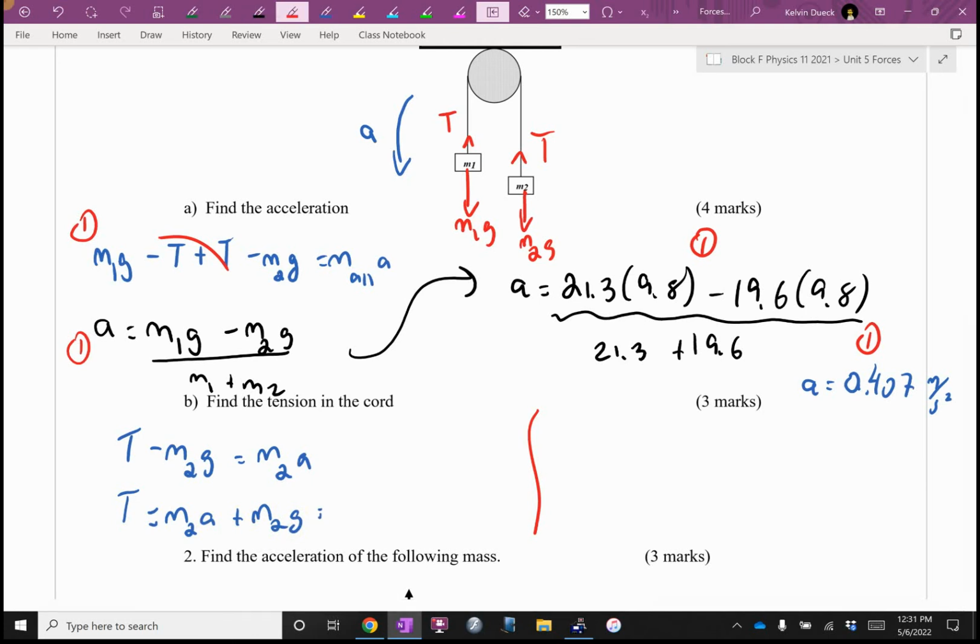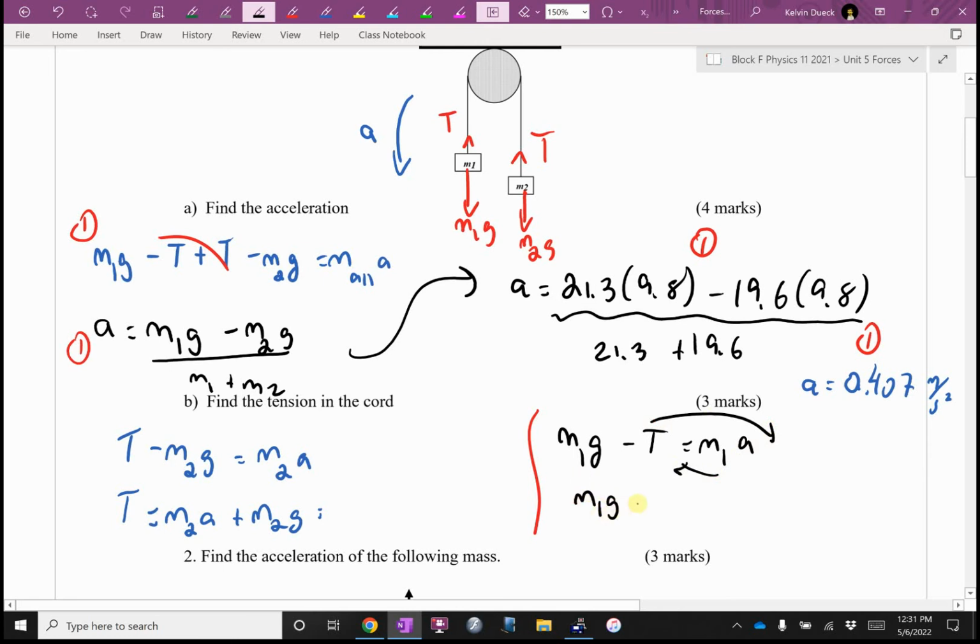Or I could go with m1: m1g minus tension equals m1a, swappy dance, and I'll get m1g minus m1a equals tension.